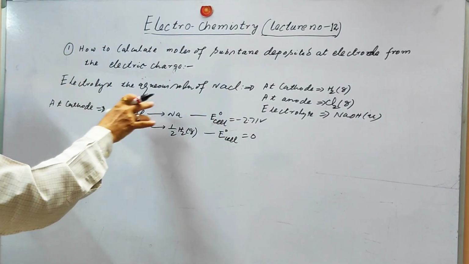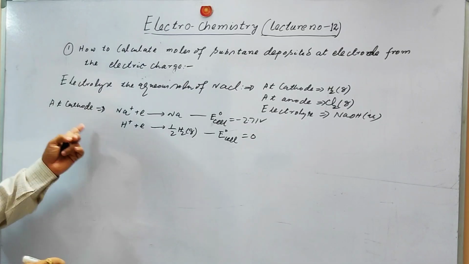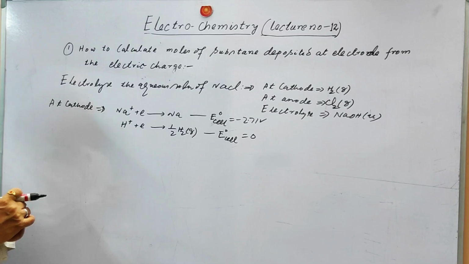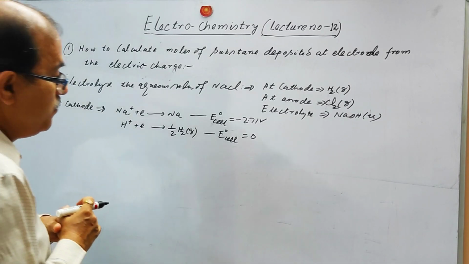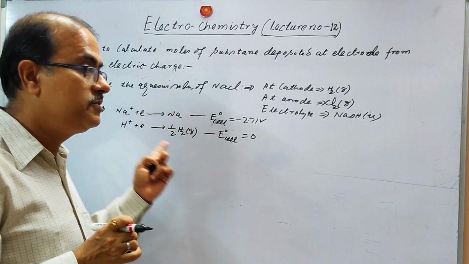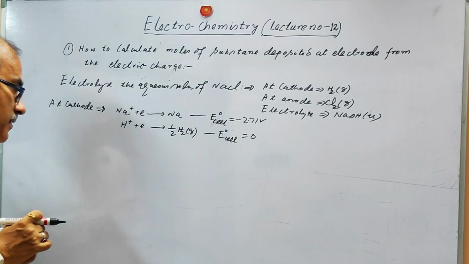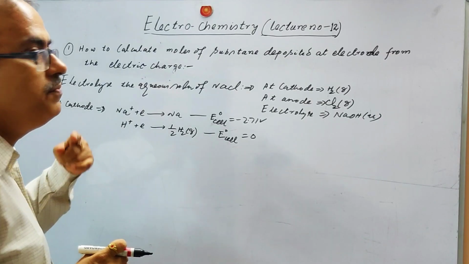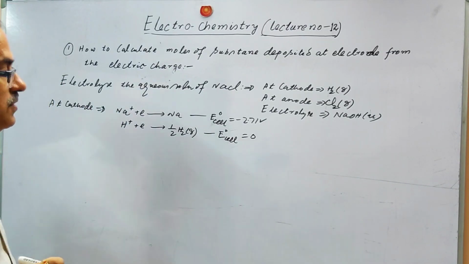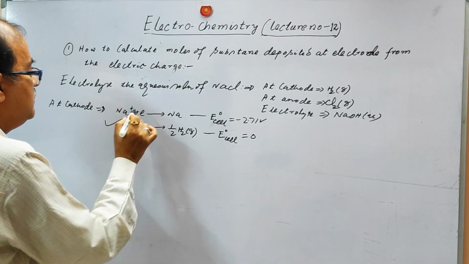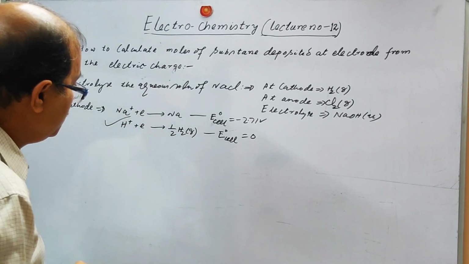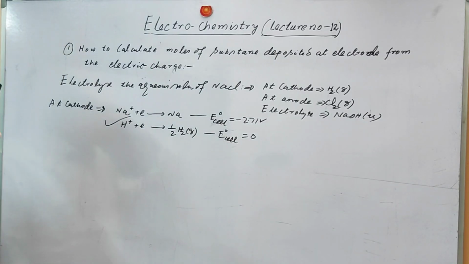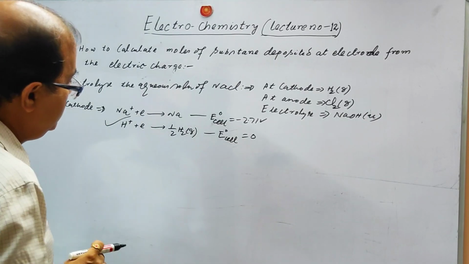So here there are two reduction reactions, sodium taking up electrons and hydrogen taking up electrons, but which reaction is going to happen will be determined by its electrode potential. The reaction with the higher reduction potential will get the preference. So here this will get the preference, and we will find hydrogen gas at the cathode.